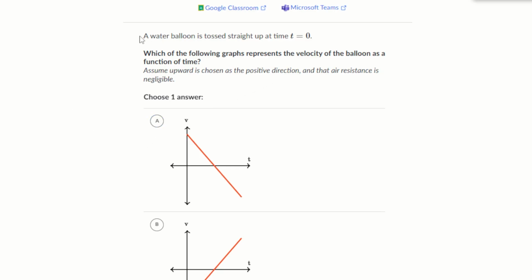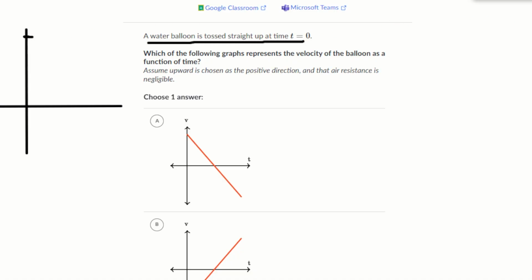Knowing that, here it says the water balloon is tossed up straight at time t equals 0. That means that no matter what, the graph must have an initial velocity somewhere up here. Because the ball is tossed straight up at time t equals 0, it should start here or anywhere, just not at 0.